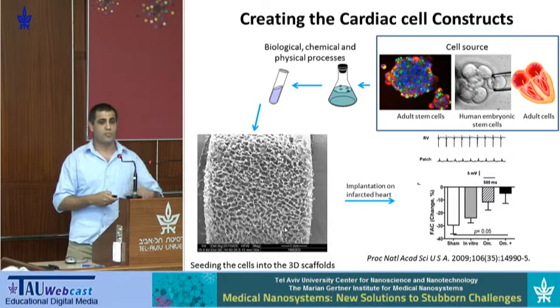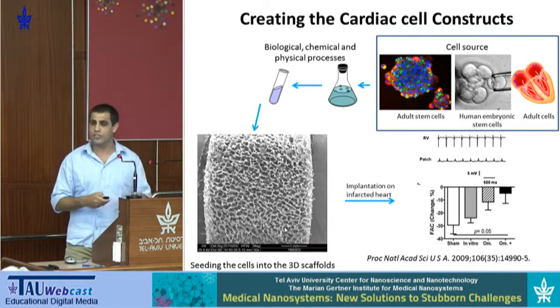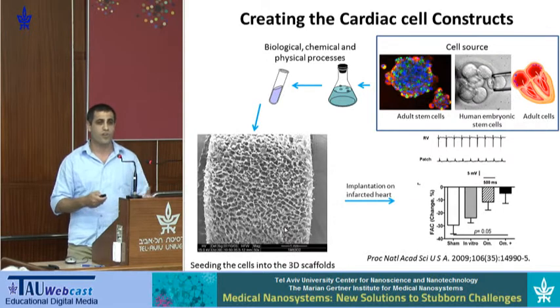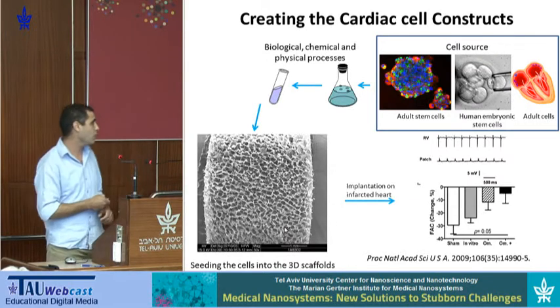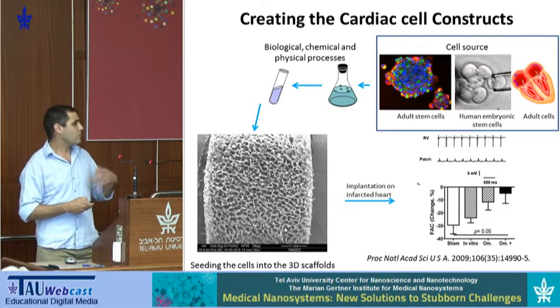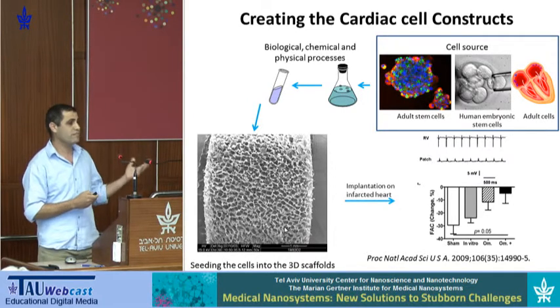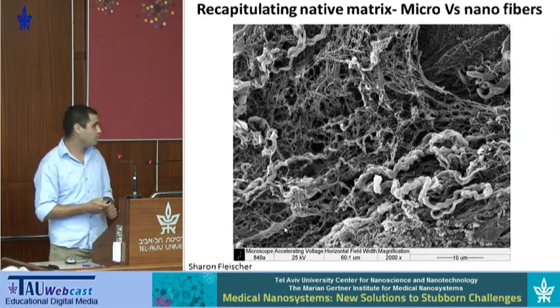And then we can transplant it on the heart, and we've already shown that once we do that in animals that have had heart attacks, we're able to improve heart function in a significant way. And after transplantation, the biomaterial degrades, and we're left only with the engineered tissue.